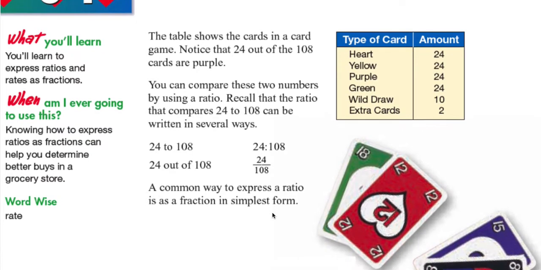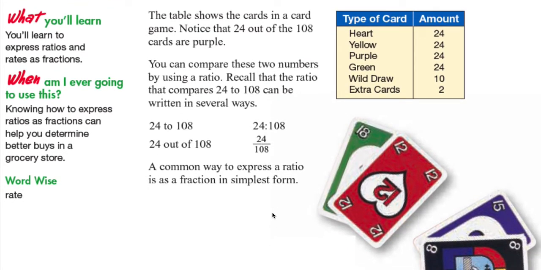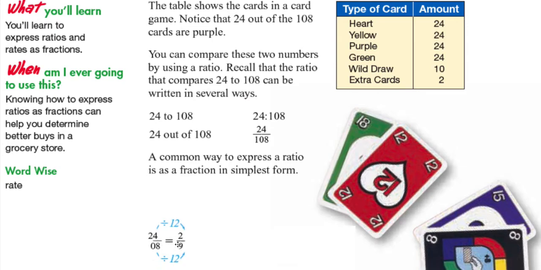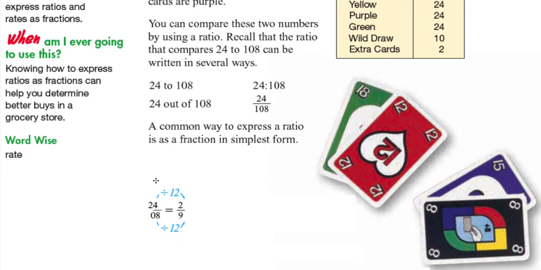So a common way to express a ratio is a fraction in simplest form. If we want to express it as a fraction in simplest form, we have 24 over 108. So 24 over 108 is equal to 2 over 9, because the GCF of 24 and 108 is 12, and we divide both of them by 12 and end up with the fraction 2 over 9.